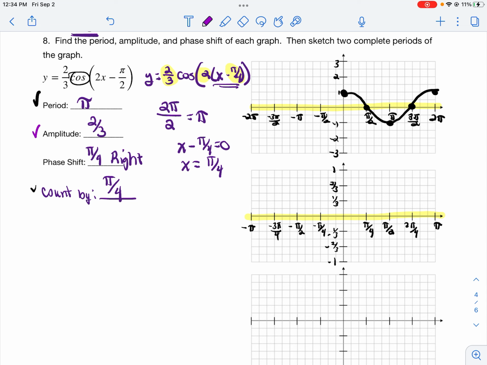So you would just put your midline like this as a dashed line. Okay, our amplitude is 2/3. So cosine starts above. So I'm going to be above by 2/3, on, below by 2/3, on, and above by 2/3.